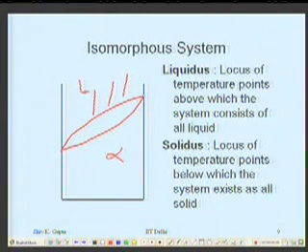Similarly, solidus is defined as the locus of temperature points below which it is always solid. What is above that temperature is still not defined. So, below this line, it is all solid, alpha phase field. So that's the solidus. Between the liquidus and solidus, I have the two-phase field, which contains liquid and solid. Alright?